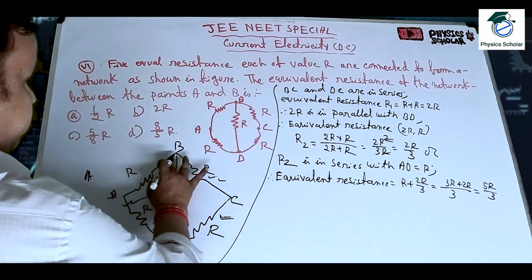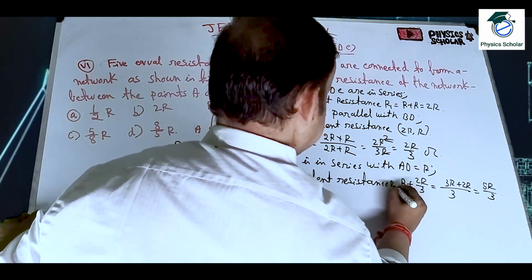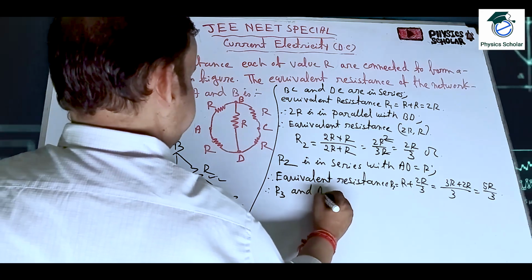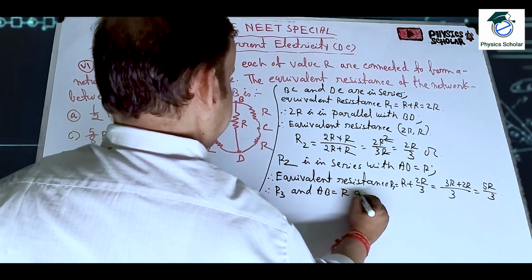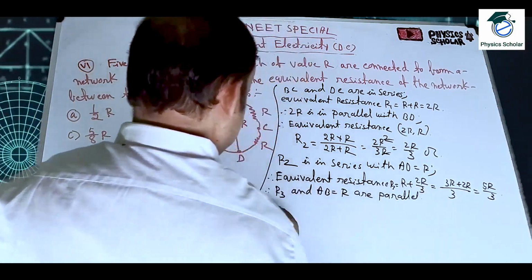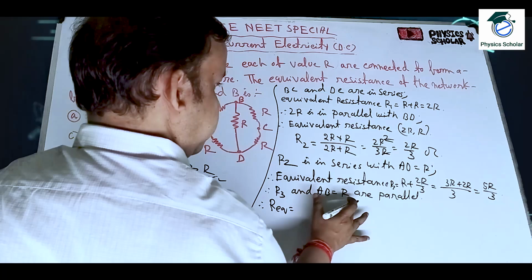Now this is in parallel with this. So it is, suppose, R3. Okay, so R3 and AB, which is equal to R, are in parallel. So R equivalent is equal to what? Two resistances are in parallel.